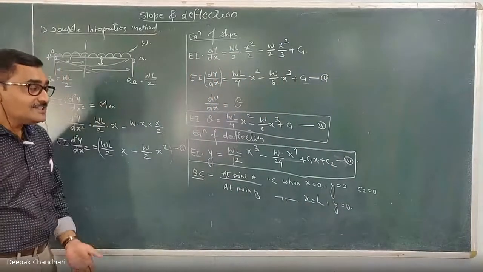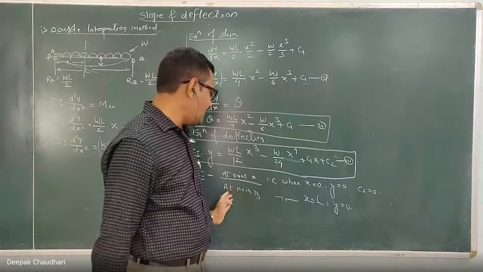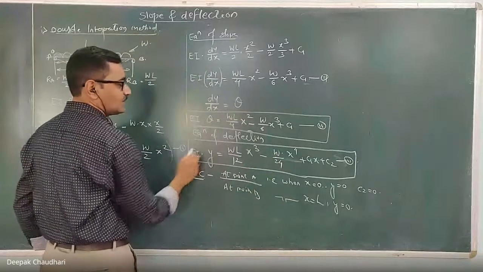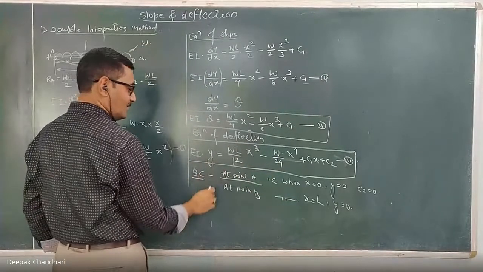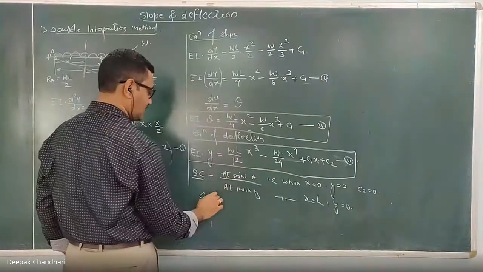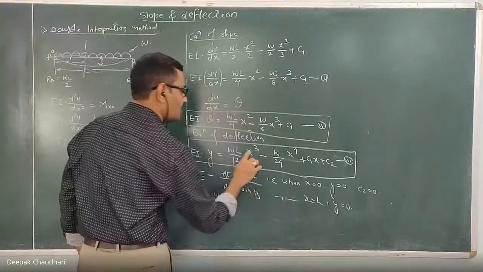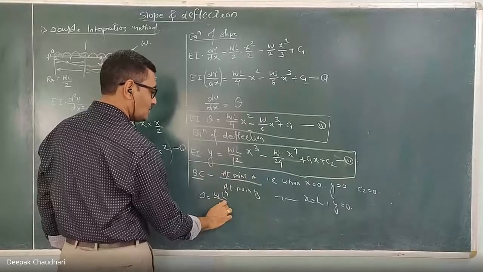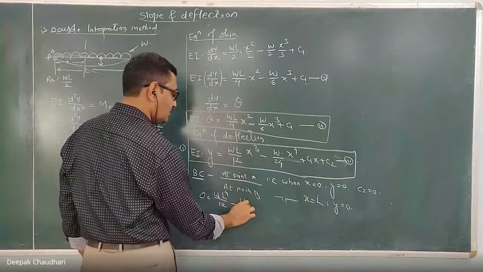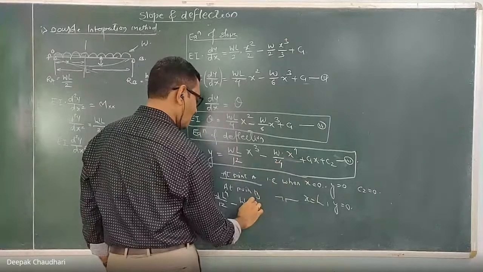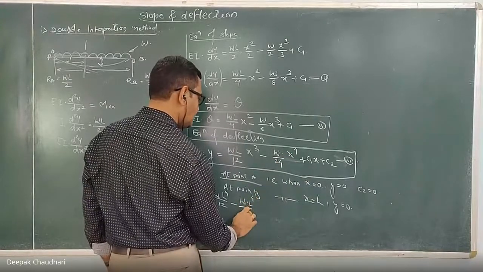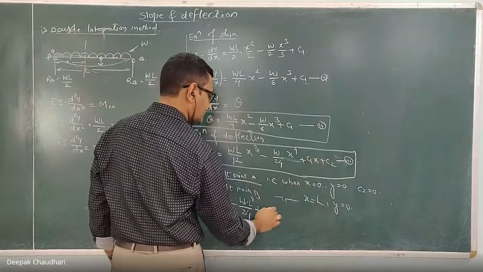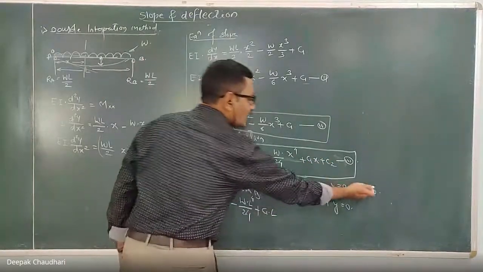And the other boundary condition at point B, that is when x equal to L, y equal to 0. If I substitute this, this term becomes 0. So 0 equal to, substituting the second boundary condition, W into x equal to L: L cubed upon 12, minus W into L raised to power 4 upon 24, plus C1 into L, and C2 value is 0.